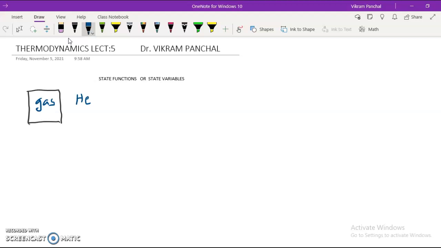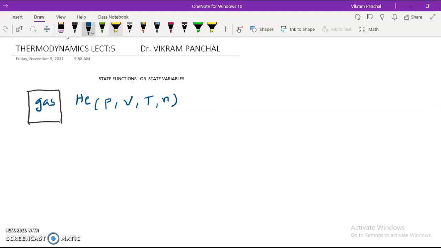Now when we fill any gas in a closed box, it is necessary to express the remaining properties of this gas, like what will be the pressure of the gas, what will be the volume of the gas, what is the temperature of the system, how many moles of gas, all these things.